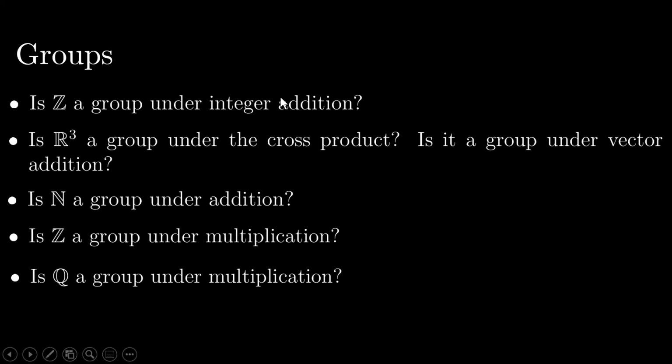What about the rational numbers under multiplication? Is that a group? Okay, so what would be the inverses? What would be the identity? Okay, so the identity is 1. That's true. 1 is a multiplicative identity. What about inverses?